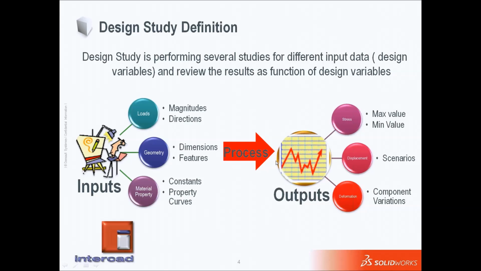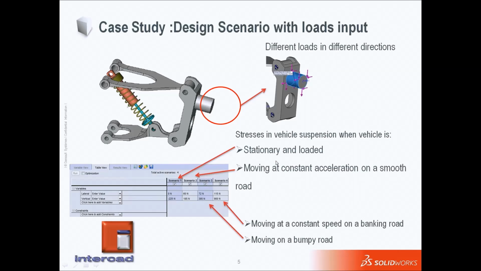In this case, we will have this option fully explained through a design scenario case study. In the first case scenario, we will have a vehicle suspension system with all the components as you can see in the figure, while the hub section is under vertical and horizontal or lateral loading.